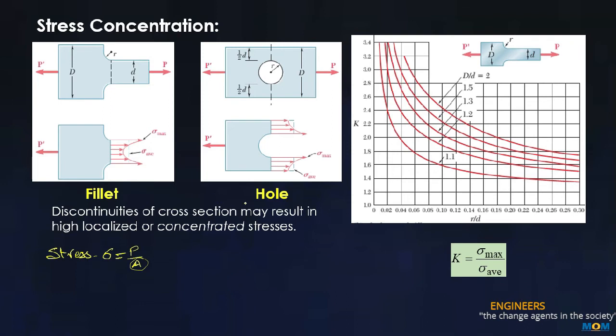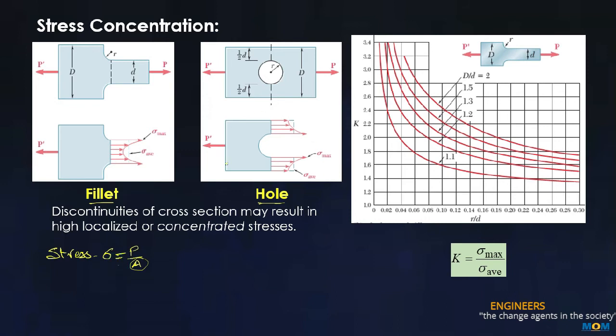So we are seeing one example in terms of a hole and the other in terms of a fillet. In terms of a fillet, you have a member of some cross section, and suddenly that cross section reduces. Because of the reduction in cross section, the value of stress is going to increase.